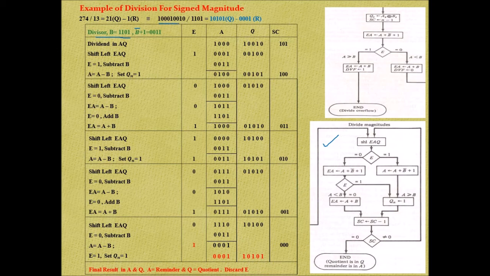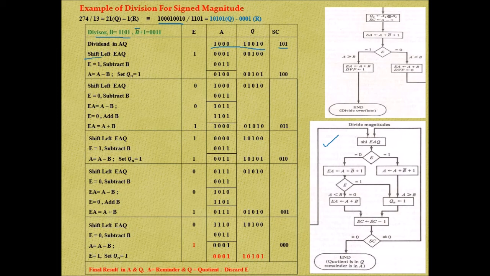First we made the sequence counter equal to 5. Why is it 5? Because the total number of bits in Q is 5. So now the first step is shift left of EAQ.